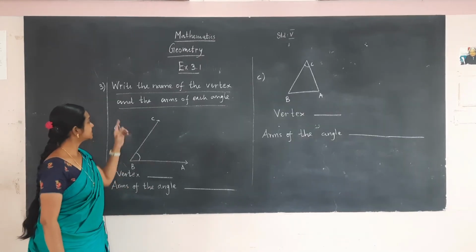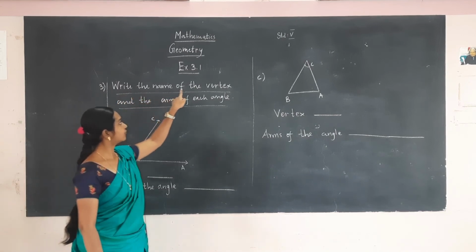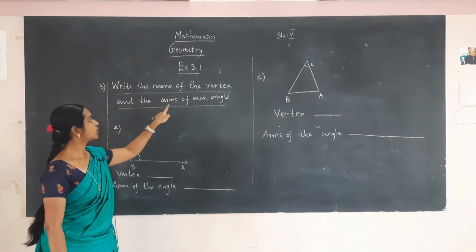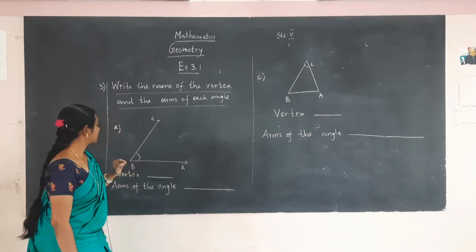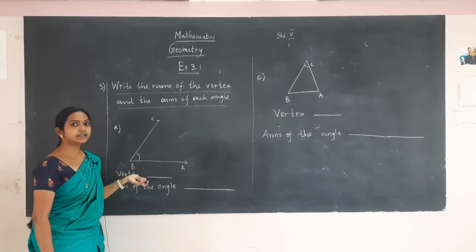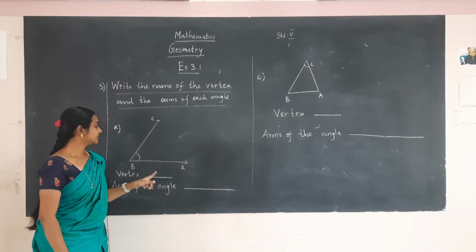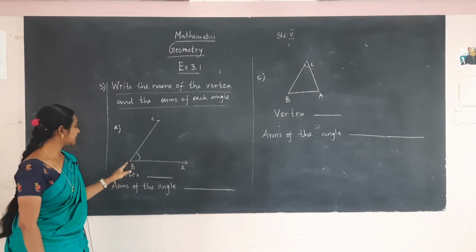The third question is write the name of the vertex and arms of each angle. Now we are going to find vertex and arms of the angle. The vertex is where the angle is formed.